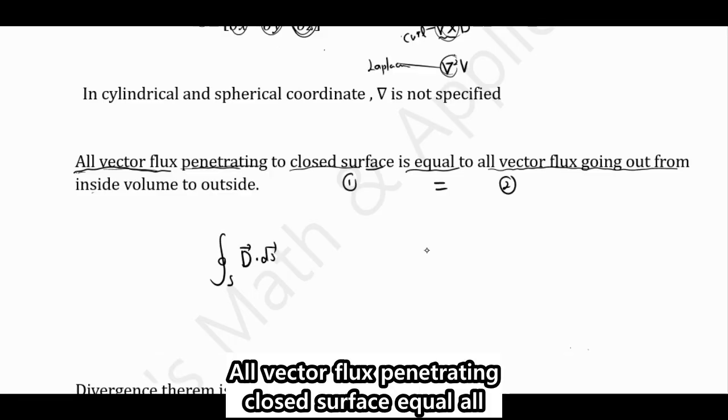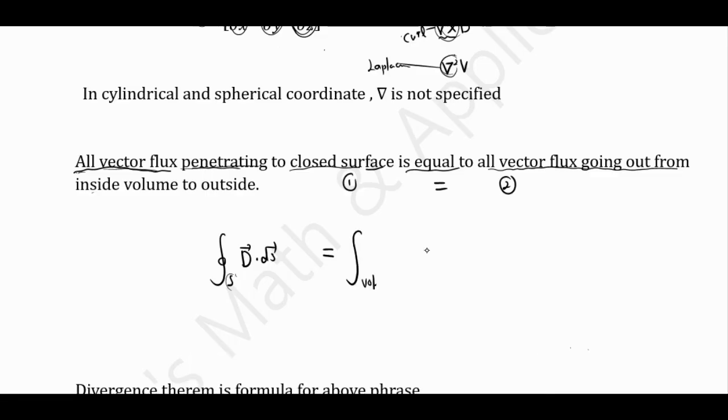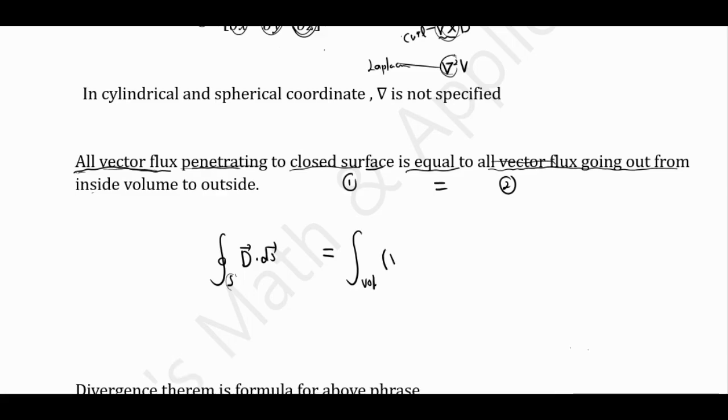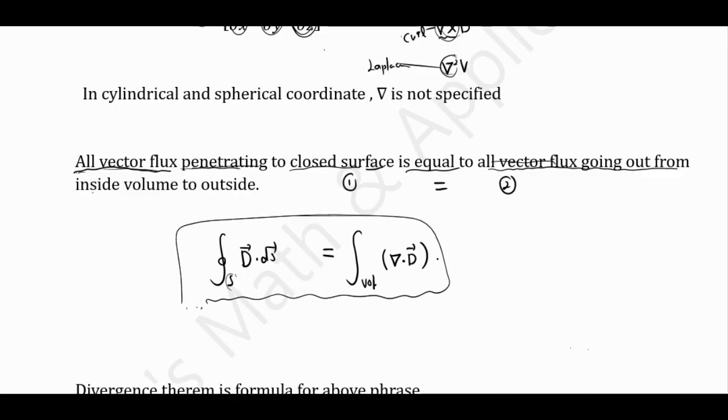All vector flux penetrating the closed surface equals all vector flux going out from inside the volume to outside the volume. All vector flux going out from inside the volume to outside can be expressed by divergence of D vector. This is called divergence theorem.